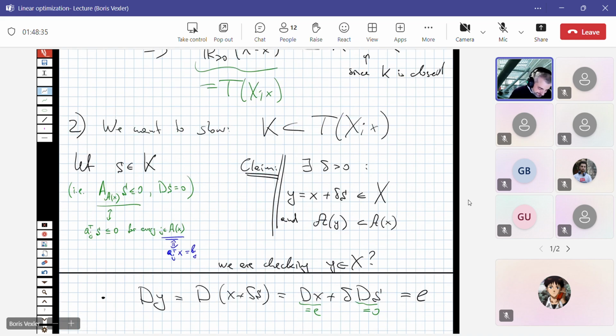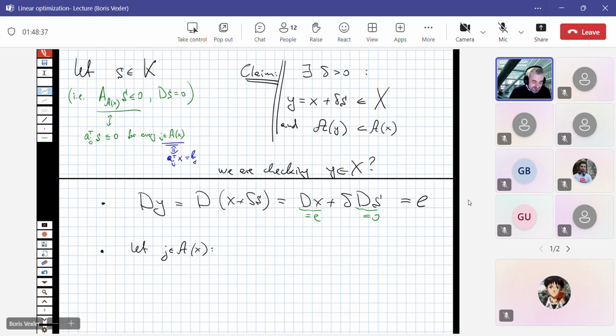Let j be from A of x. It means we know that a_j transposed x is equal to b_j. This is exactly the definition. Now, what happens at the point y?